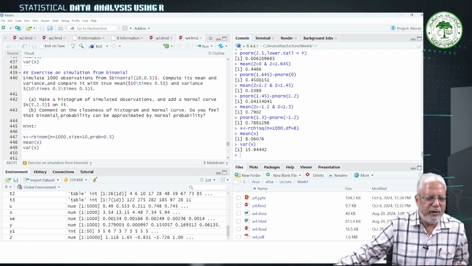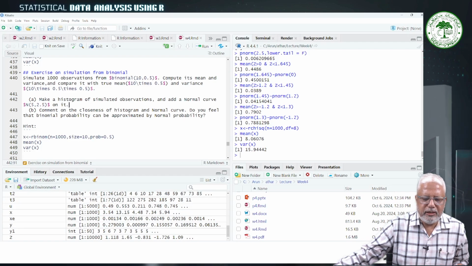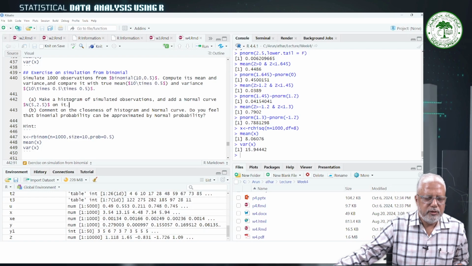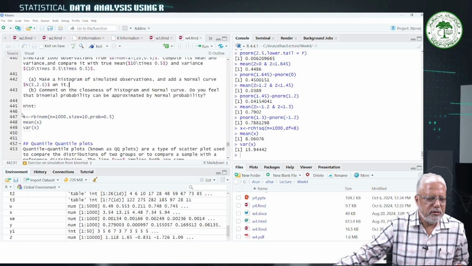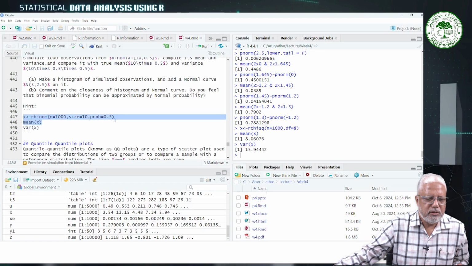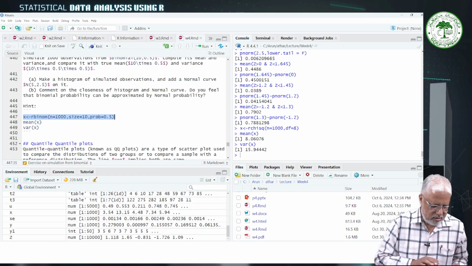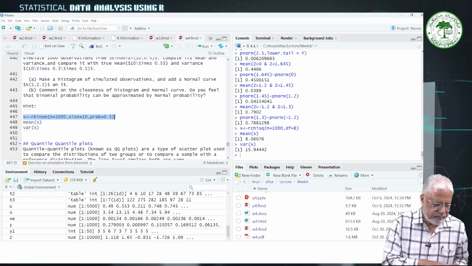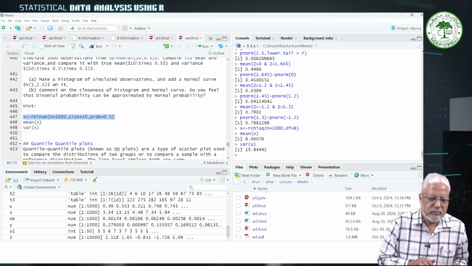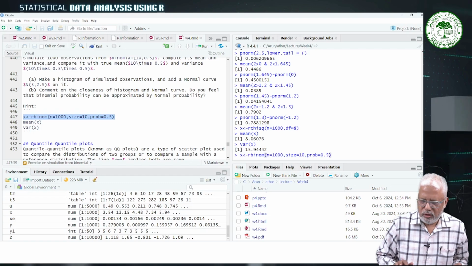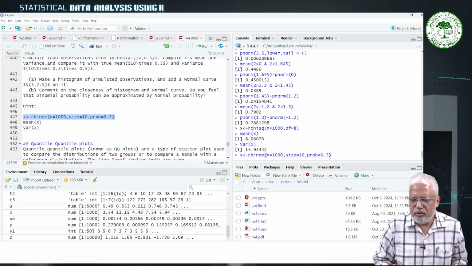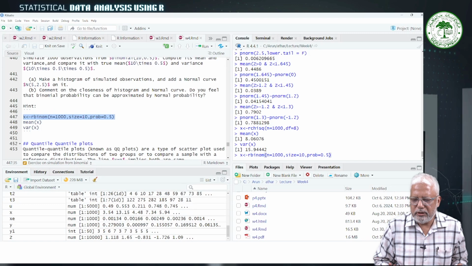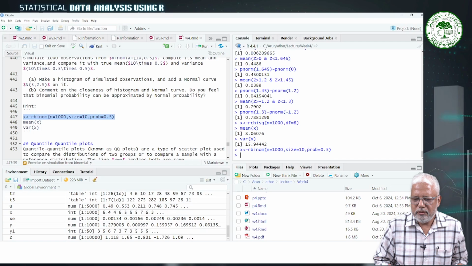Do you feel that binomial probability can be approximated by a normal probability? So, here we shall simulate, so x is the random variable which is generated from binomial distribution with size equal to 10.